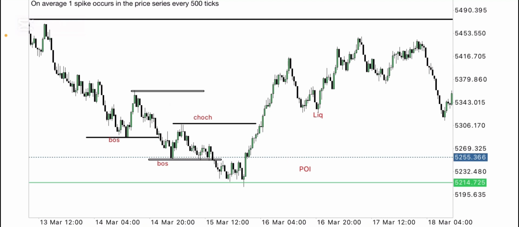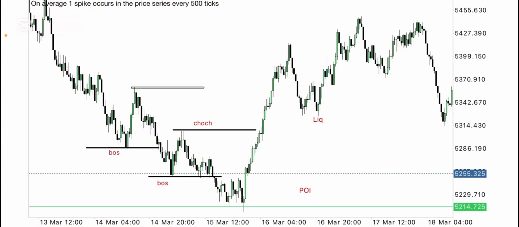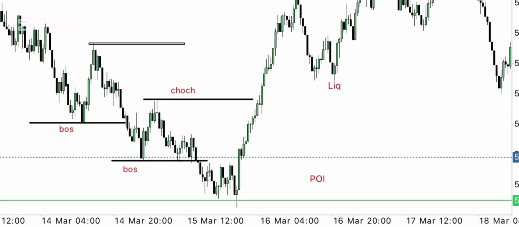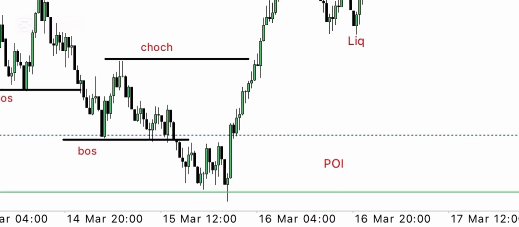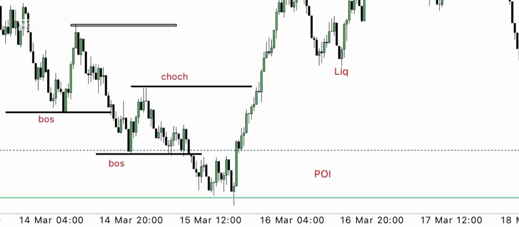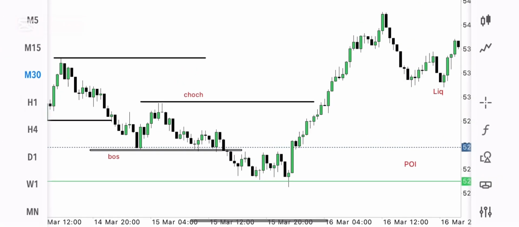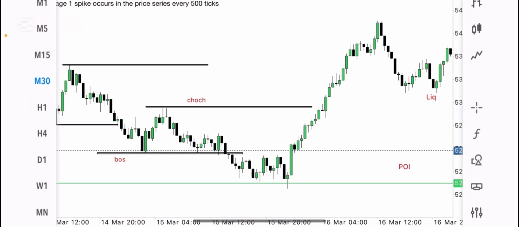So how do we know that this POI market is going to retest? POI means a point of interest where we want to take this trade. Right here we have a fair value gap and order block. Let's mark our last low. This last low has to be protected.